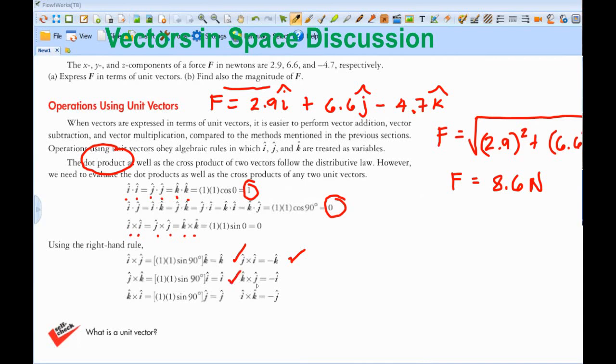And k×j is equal to negative i. And then k×i is equal to j. So when will we use this? Let us see how to use those. So don't forget this, okay? We will go back to this after.